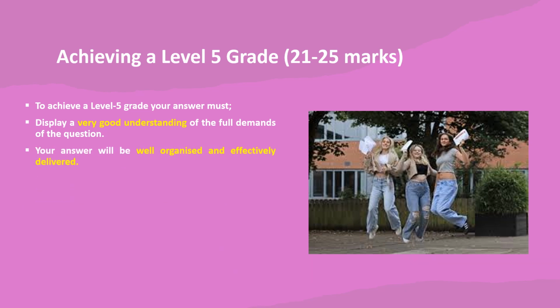Your answer will be well organised and effectively delivered. Sometimes students throw in things and it reads like a shopping list when you're actually being asked the significance of a historical factor or the cause and consequences of the events, rather than just describing in terms of a sequence of events what is going on.